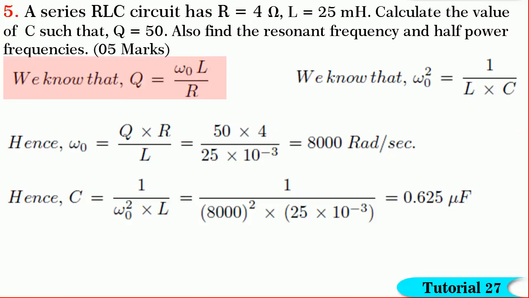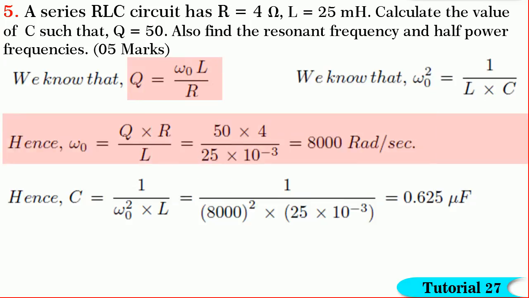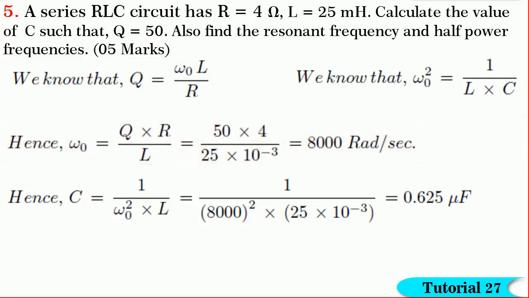One, Q is equal to omega naught L by R and two, omega naught square is equal to 1 by LC. So, first using Q is equal to omega naught L by R, we can find omega naught. Hence, omega naught is equal to Q into R by L. Substituting the values, we get omega naught is equal to 8000 radians per second.